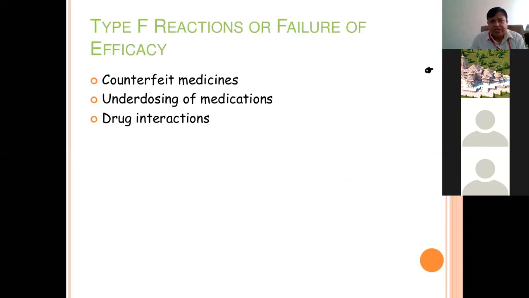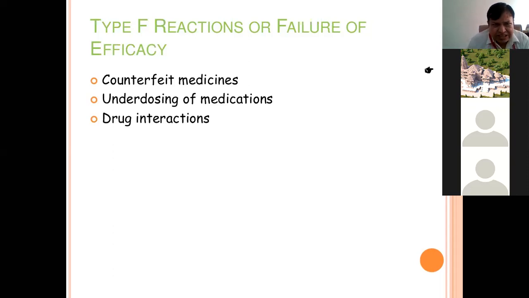Now, type F reaction or failure of efficacy is counterfeit medicine. Counterfeit medicine are the medicine, they are claiming the pharmacological response, but they don't have any pharmacological response, just like fake medicine or duplicate medicine.